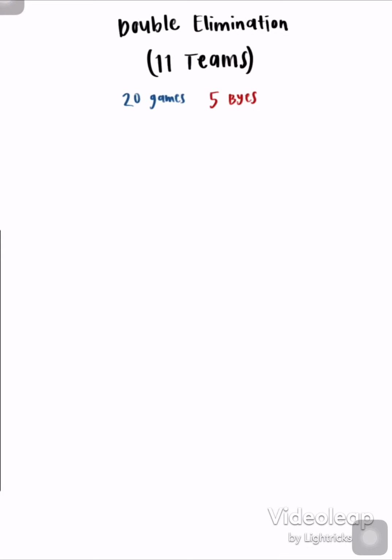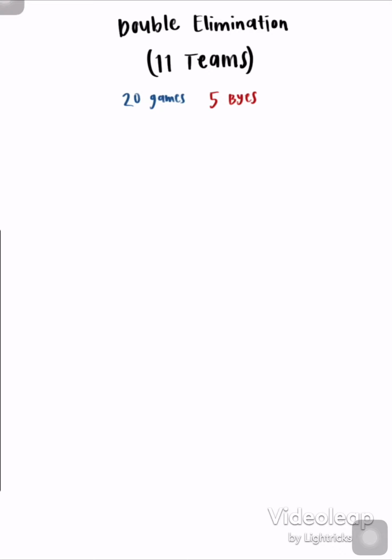So now that we have our number of games and our number of byes, we can proceed to the actual eliminating. For now, I'm not going to use numbers to label the teams since it will be confusing later when we start to count the number of games and label the winners.